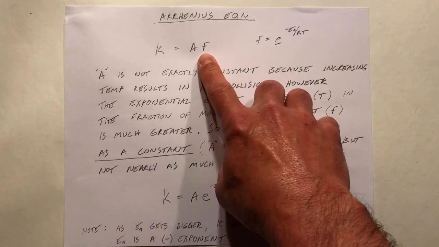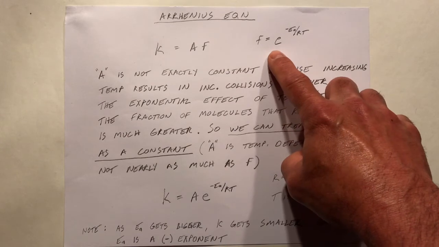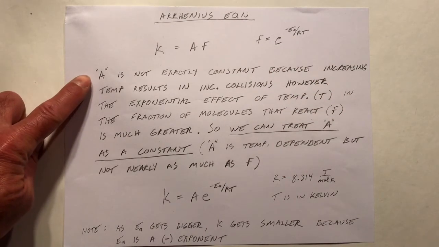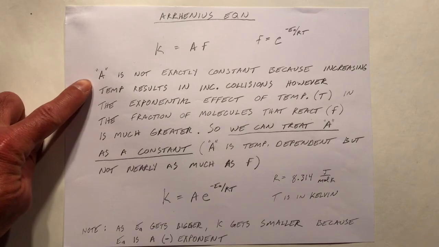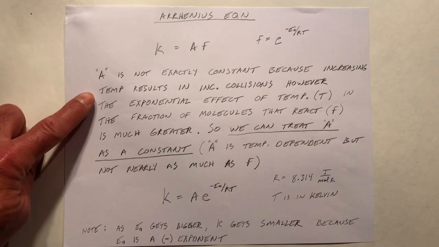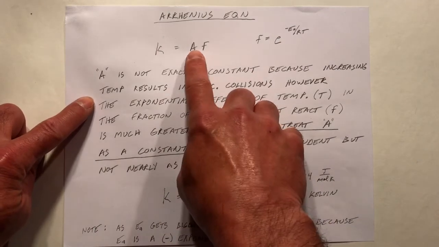Here's that first version of the Arrhenius equation. Remember, this is what f is equal to. Now the factor A is not exactly constant because A does have a temperature dependence. Increasing the temperature increases the number of collisions, and remember, A is affected by the number of collisions.